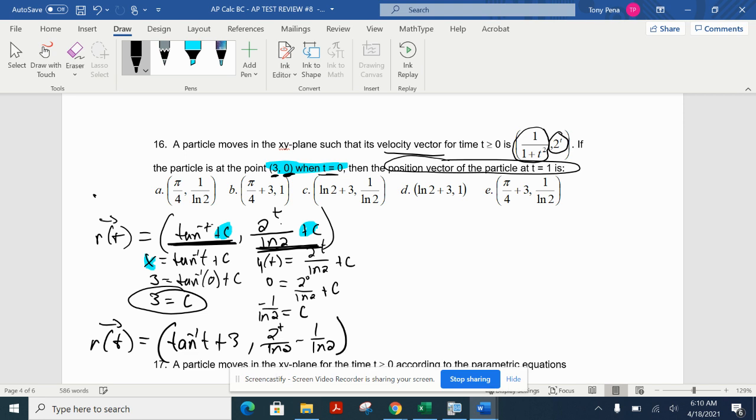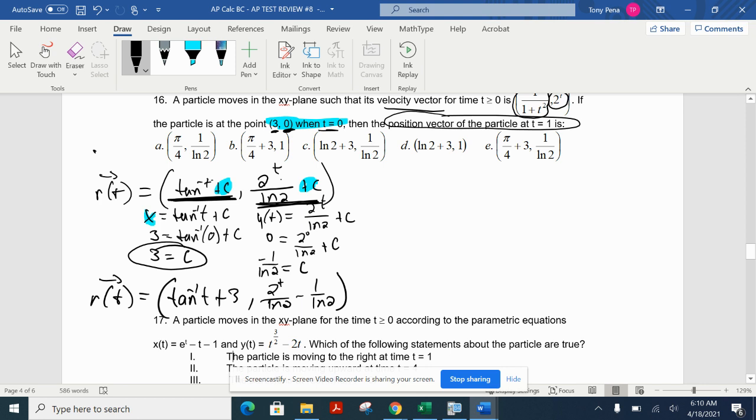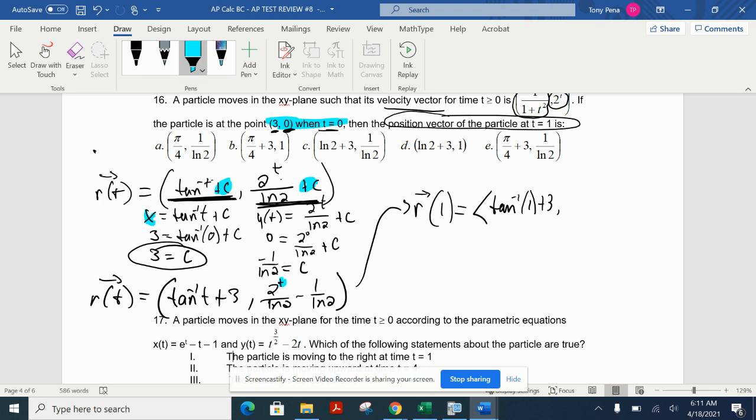You can certainly write that as one fraction. And we then want to ultimately evaluate this position at the time of 1. So we get the inverse tangent of 1, whatever that is. We're going to add 3 to it. Let's go ahead and write this as one fraction now. If this is a 1, wouldn't this just be a 2 minus a 1, giving us a 1 over that ln of 2? We see plenty of those up there with that 1 over ln of 2.